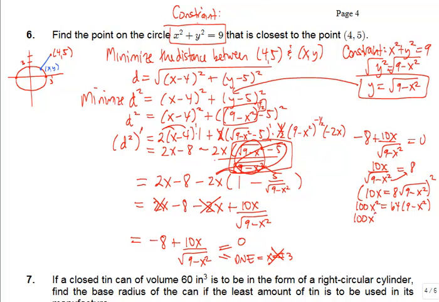Got 100x squared equals 64 times 9 is 576 minus 64x squared. When I add that 64x squared over to the other side, I get 164x squared equals 576. Divide by 164. And you can do some reducing there if you like.